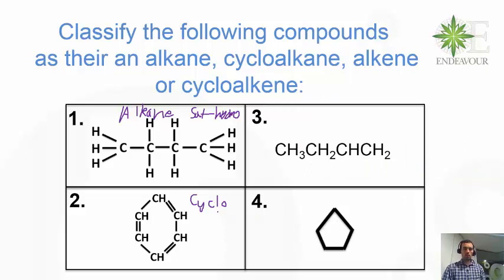Because of the presence of these double carbon-carbon bonds, that tells us that it's going to be an alkene rather than an alkane. So what we have here is a cycloalkene, which is one of the types of unsaturated hydrocarbon. What about number 3 here?